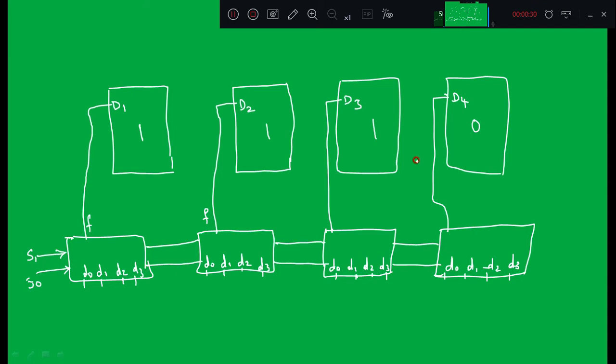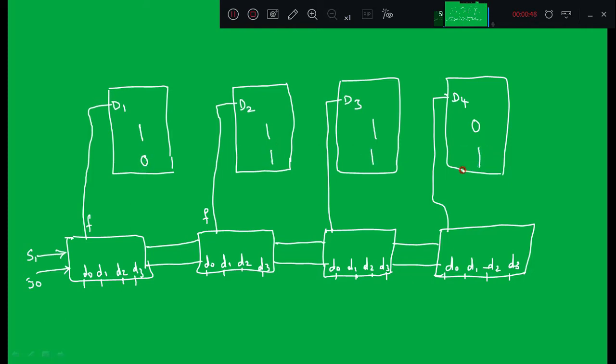This was the initial data loaded in these 4 flip flops, and we shifted it right one time. So what we got after shifting is this data.